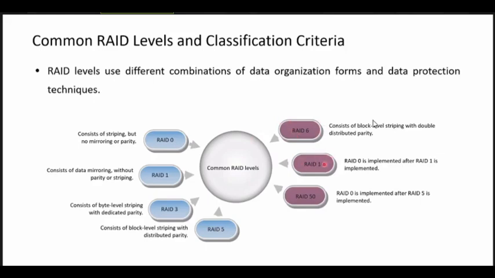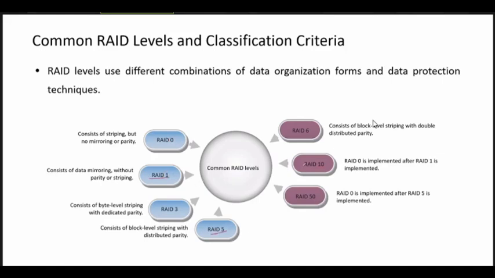RAID 10 or nested RAID 10. We don't call it RAID 10 because it's actually a complement of RAID 0 and RAID 1. So RAID 10 is basically what we call a nested RAID, nested mirror RAID, and RAID 50 is what we call nested distributed parity.